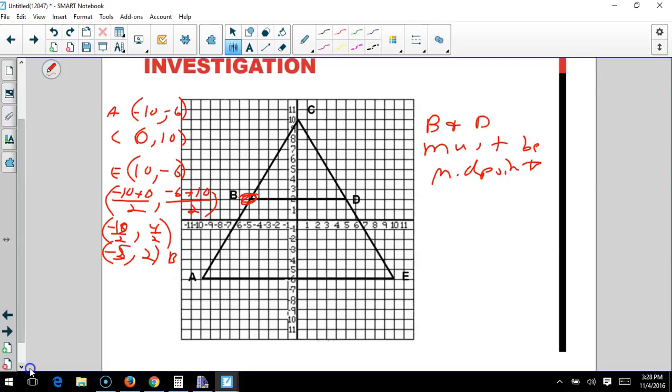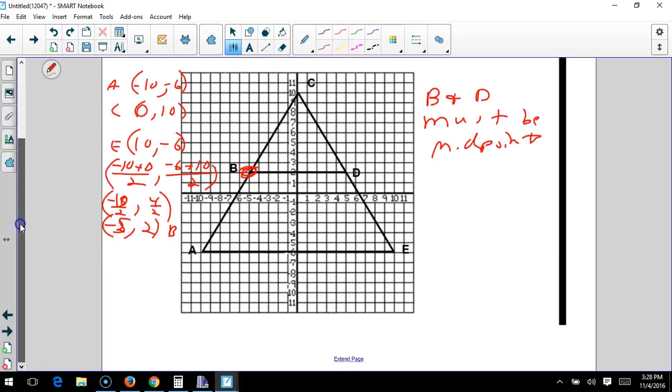Now we're going to do CE. So the x value of C is 0, plus the x value of E, which is 10, divided by 2. And C's y value plus E's y value divided by 2.